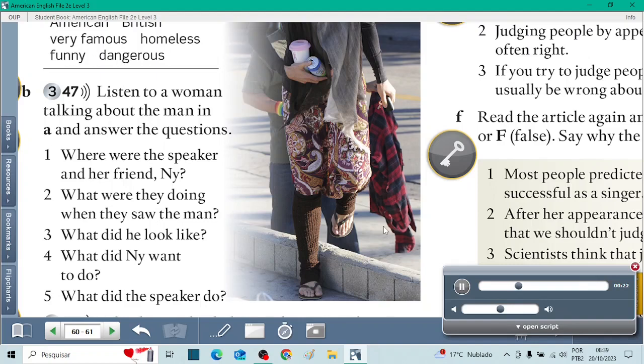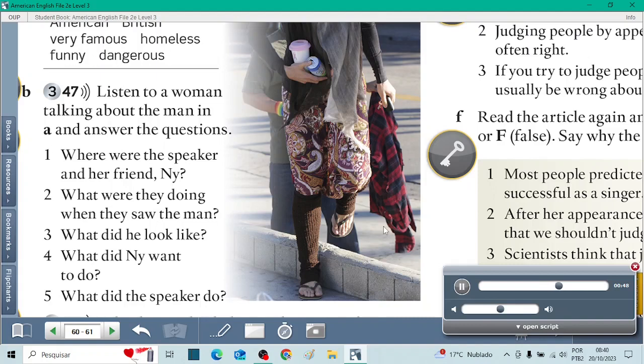Anyway, it was a hot, sunny day, and we were thirsty, so we stopped at a cafe for a cold drink and a snack. So we sat down at an outside table waiting for the server when we saw a man walking toward us. He was wearing a crazy combination of clothing, and he kind of looked like a mess. He had a beard, long messy brown hair, and he was wearing a winter hat in the middle of summer.